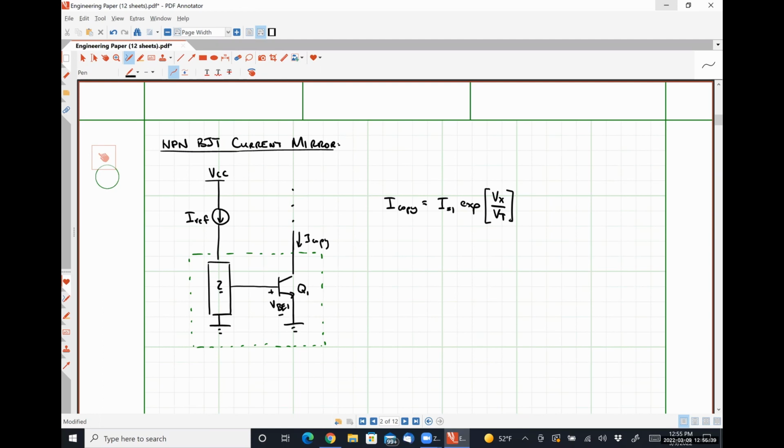Now what we want is for I copy to be equal to I ref. We literally want to make a copy of that stable reference current.